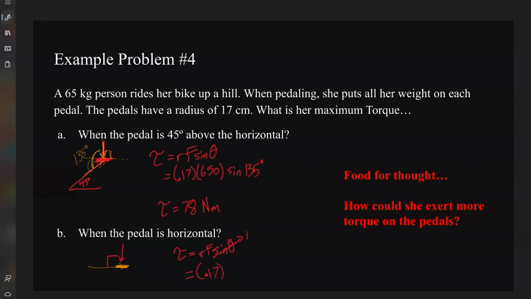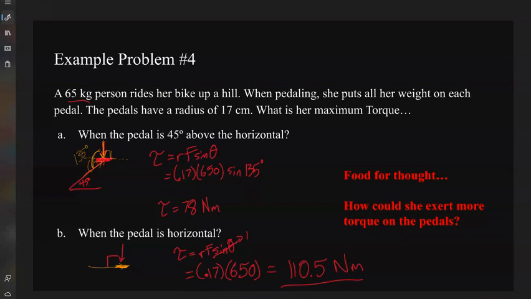Her force of gravity is the maximum force that she can put down. So 650 because it's mg, looking at her 65 kilogram mass. So 0.17 times 650, and I get 110.5 Newton meters as that maximum torque when it's horizontal.